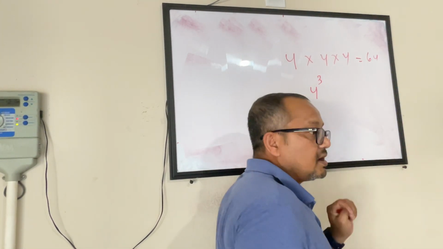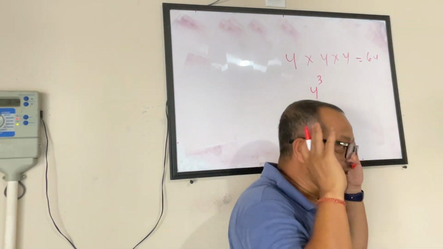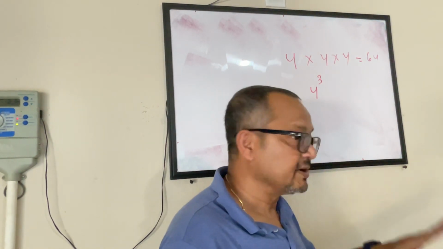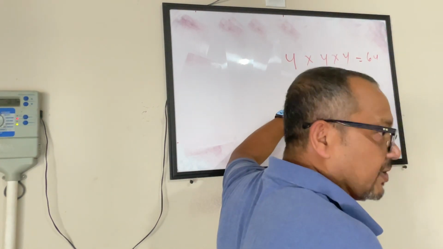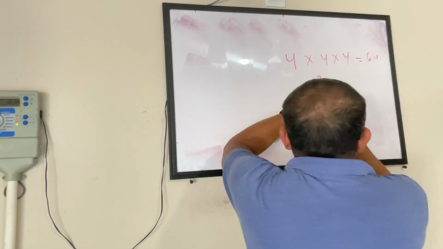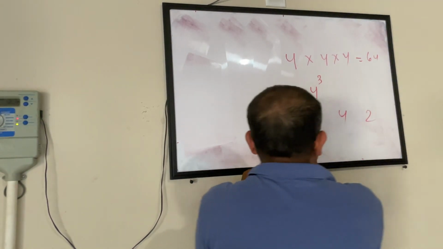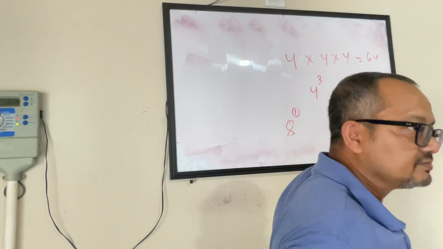I'm just collecting my chain of thoughts and trying to teach you guys something. Don't think I debate unnecessarily. Now, if I have any number, 4 or 2 or 8 or anything, I can by default assume that it has a power 1.